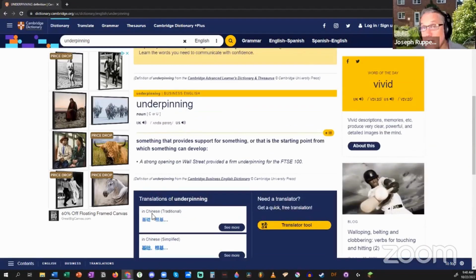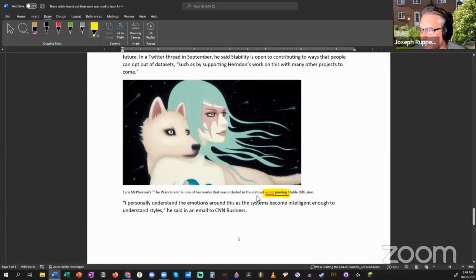All right. Foundation. I want you to think of the word foundation. So was included in the data set underpinnings, the foundation. So it was included in the foundation of this program. Great.